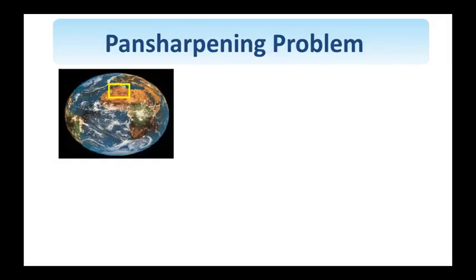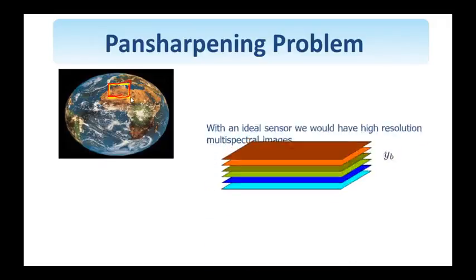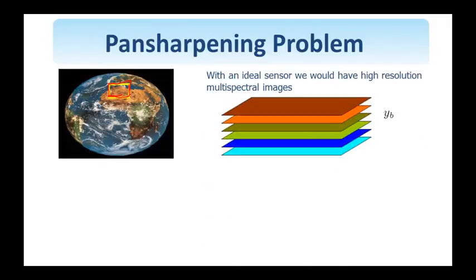We discuss here the acquisition model for the pan sharpening problem, which is also a super resolution problem. So in remote sensing applications, a satellite such as Landsat is imaging part of the Earth, as shown here. Now, ideally, the sensor on the satellite would have generated these high-resolution multispectral images, which we denote by Y of b, and let's assume that we have capital B channels.